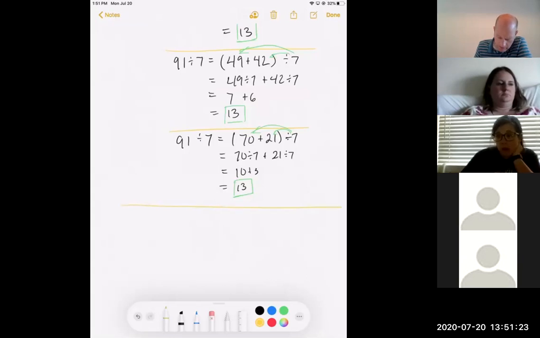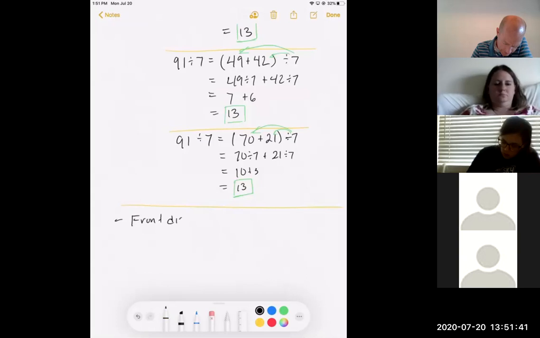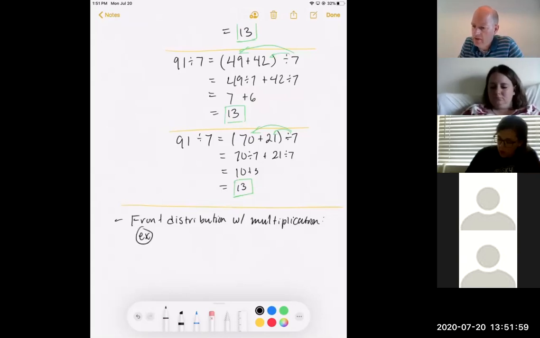Now, what we do in multiplication a lot is front distribution. So here's a question. And I'm going to show you what front distribution is. Multiplication. We can take an example of 3 times 12.